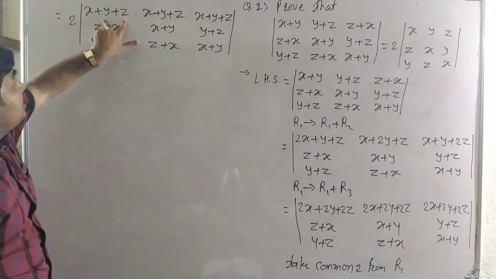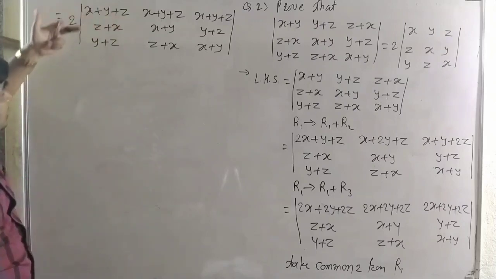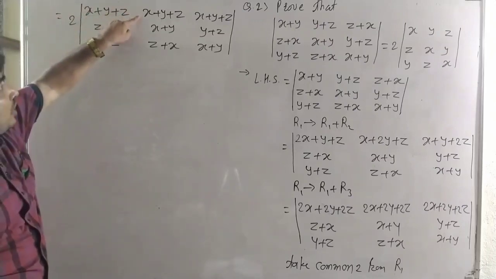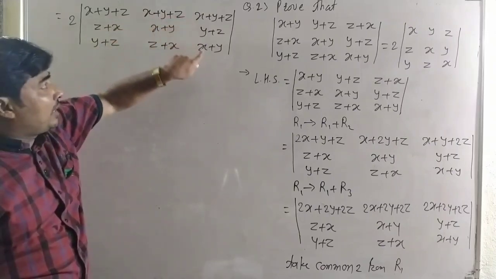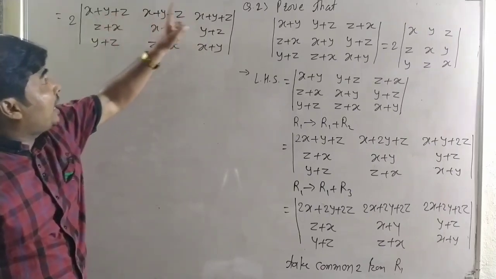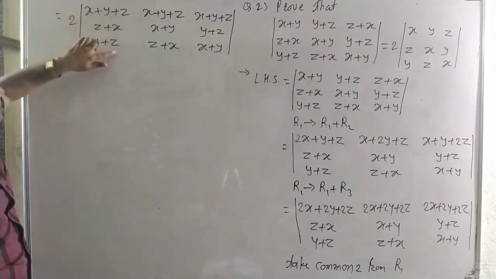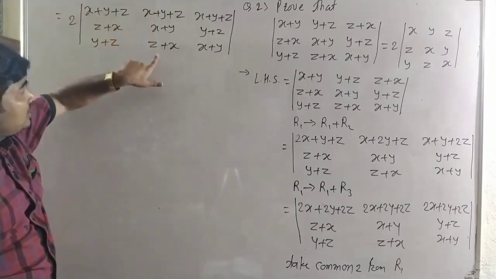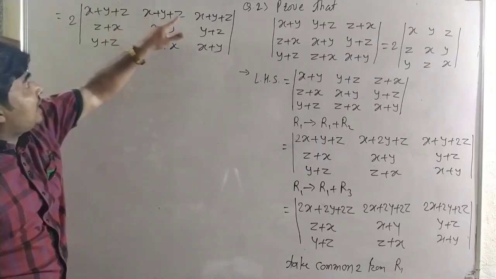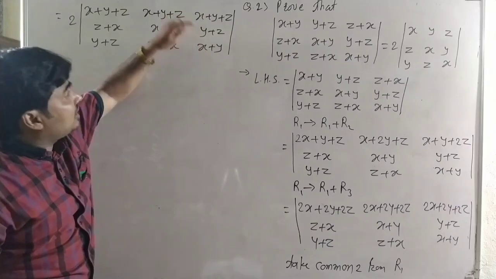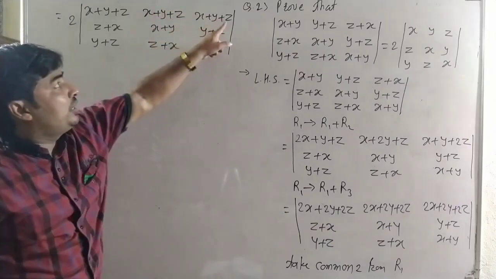So we subtract R3. R1 minus R3, we get x, y, and z. Here R1 minus R3, y and z get cancelled, we get x. R1 minus R3, here x and z get cancelled, we get y. And R1 minus R3, x and y get cancelled, we get z.